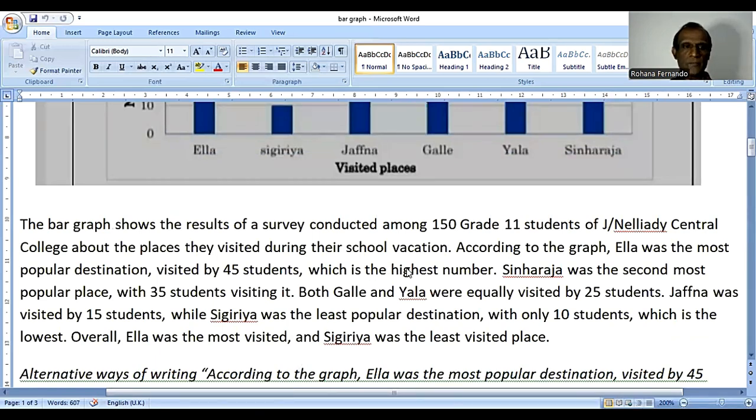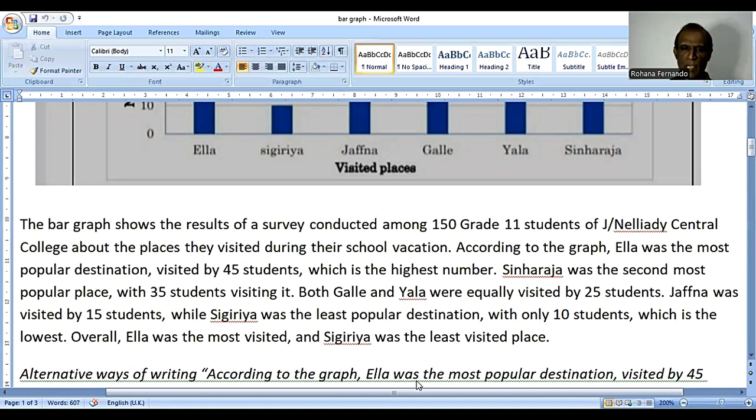Now, let's talk about the second most popular place. Singaraja was the second most popular place with 35 students visiting it. Again, we have used the comma, a powerful device to incorporate the information.